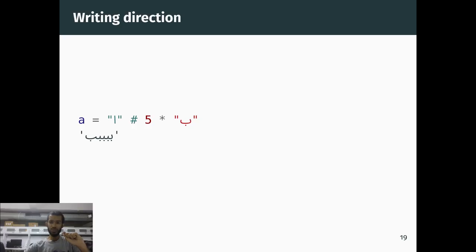The source actually looks like this on the right side. The source is on the right side and the rendering is on the left side. So it's actually A is equal to ba 5 times, with the Arabic aleph in the comment. It's just that when it is being rendered, it is rendered differently.